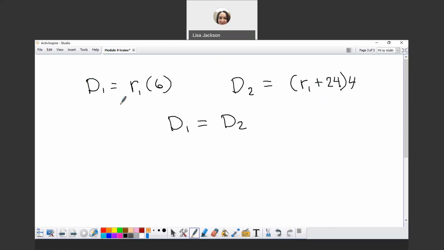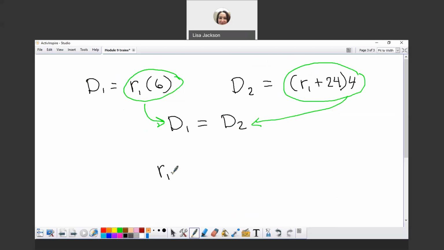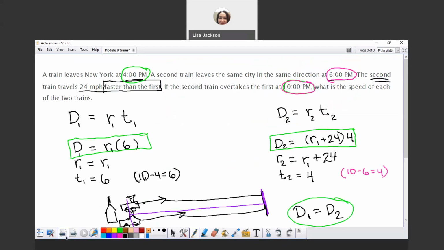That's why they're equal. We simply replace the D1 with this value for D1, and we replace D2 with this value for D2. So D1 is now R1 times 6, and D2 is R1 plus 24 times 4. I'm going to click back and make sure I didn't copy something over wrong. Okay, I think it looks good.